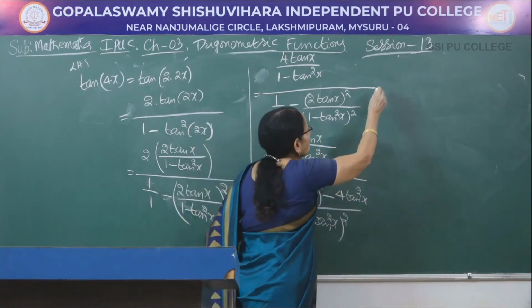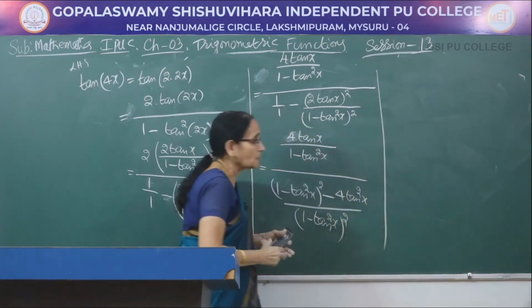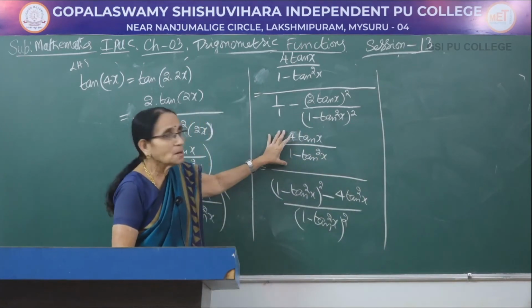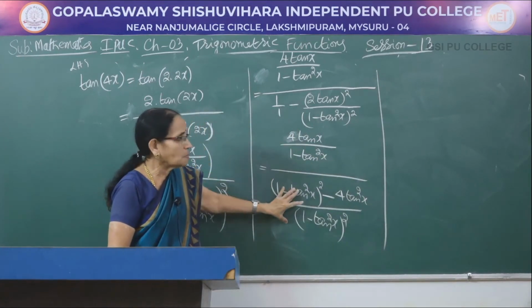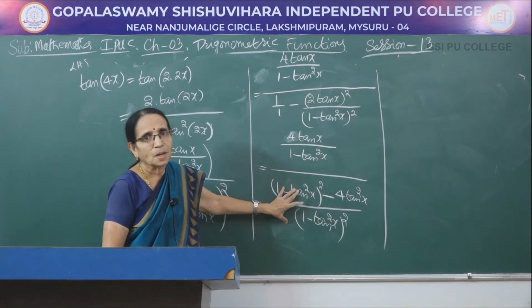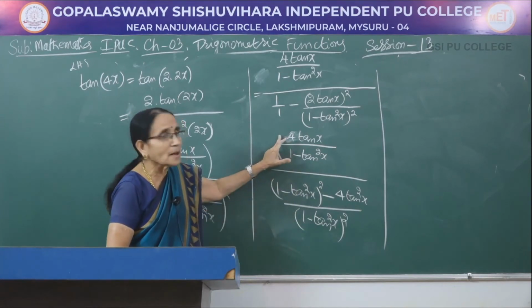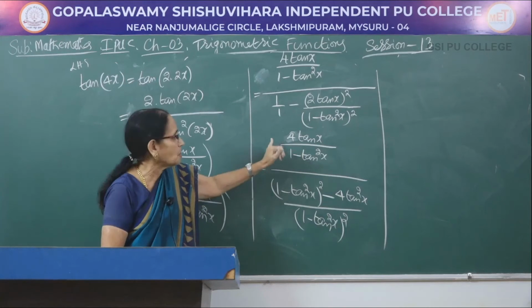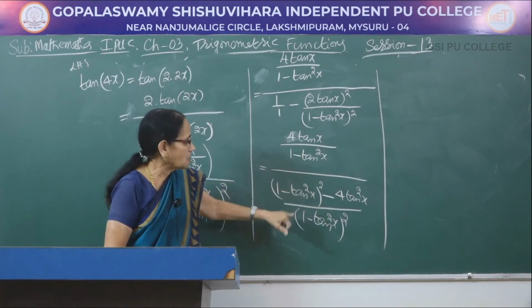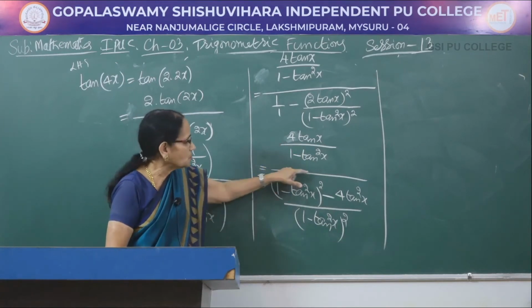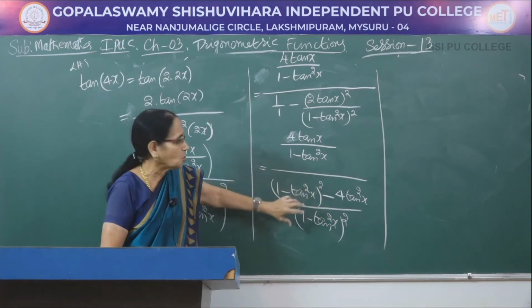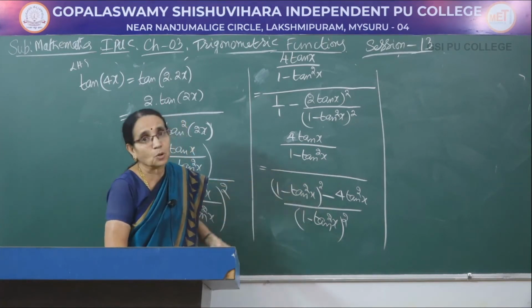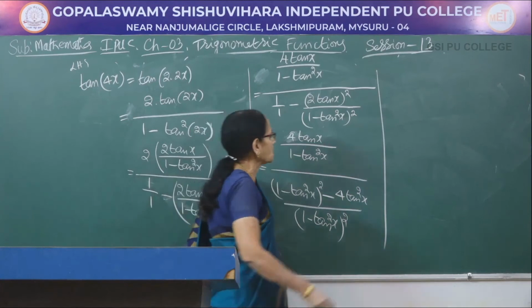Now here be careful. We have a fraction divided by another fraction, isn't it? I told in one of the previous problems, a by b divided by c by d: instead of division, if you write it as multiplication, this gets reciprocated. Let me write that in that form.